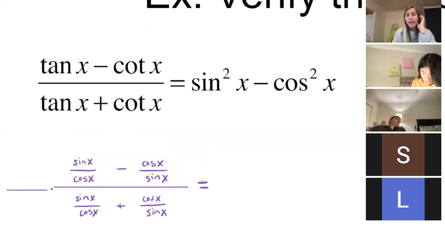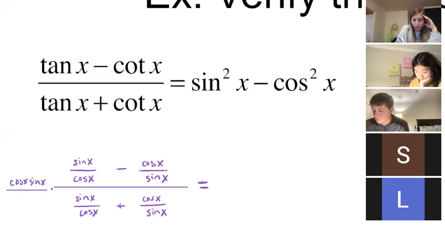Looking at the denominators of the complex fractions, when I say complex fractions, does everyone understand what I'm referring to? Yeah. So since cosine and sine are the denominators of those complex fractions, I'm going to multiply by cosine times sine over itself.